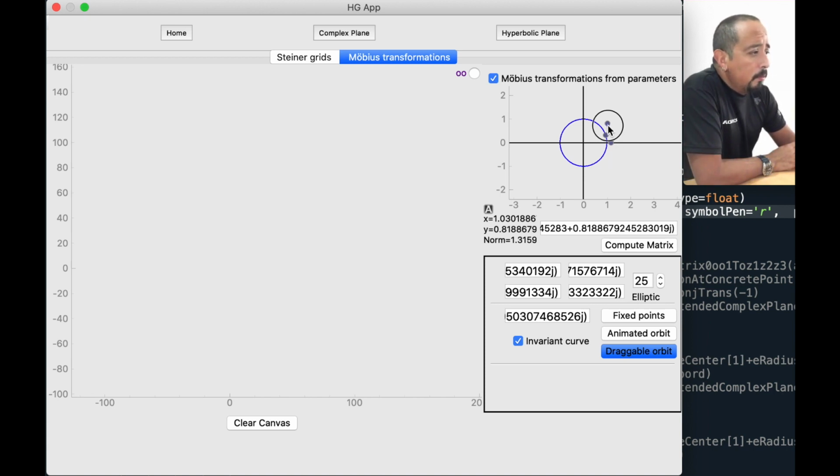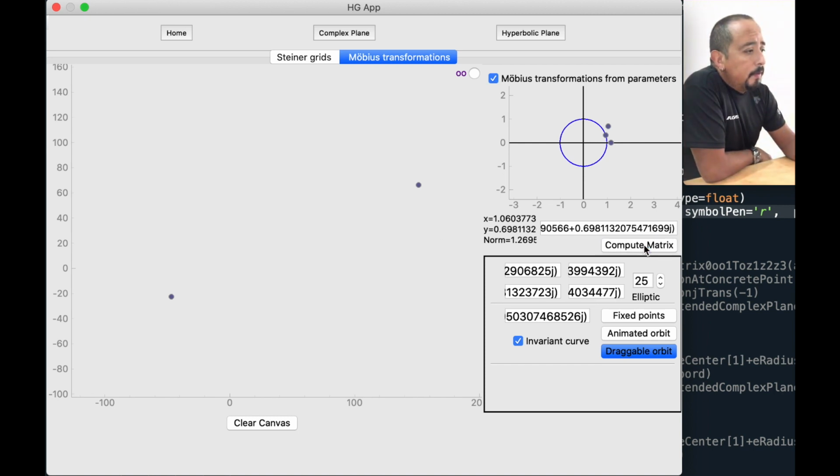Close to 1, both in norm and close to the real axis, but not on it. Let's choose the two fixed points. This one that represents 0 and this one that represents infinity. And let's compute a matrix with that one. Pay no attention to this elliptic one. I hope to be able to fix this part of the program at some point.